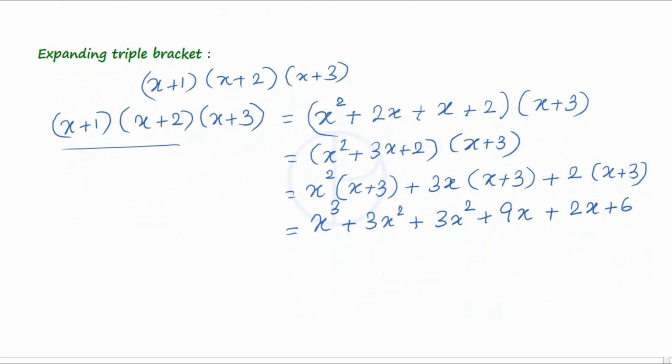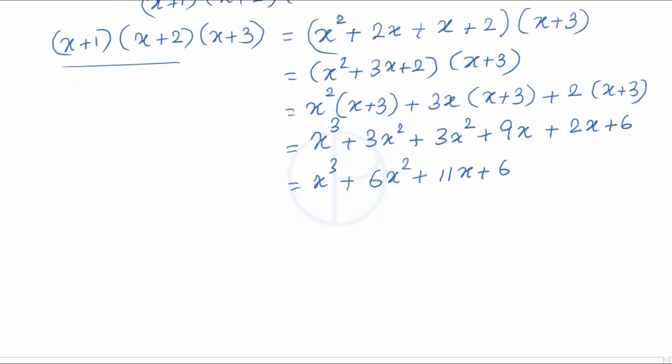Now combine the like terms. x cubed plus 3x squared plus 3x squared is 6x squared, plus 9x plus 2x is 11x, plus 6. Let's do one more example.